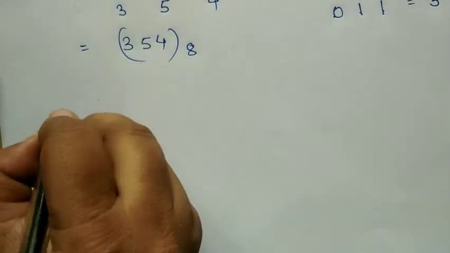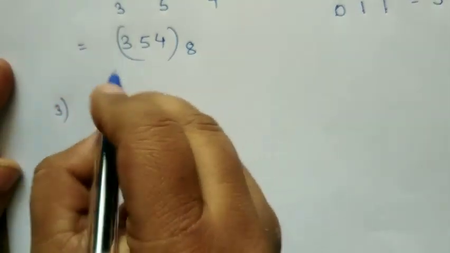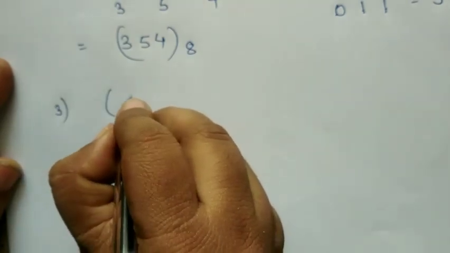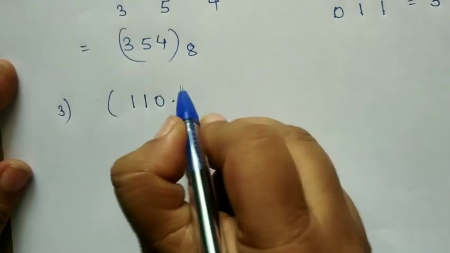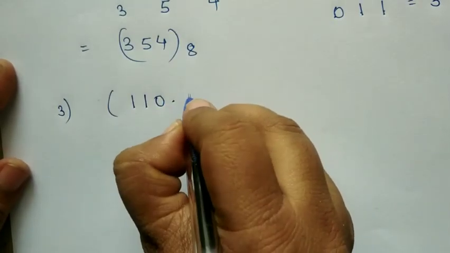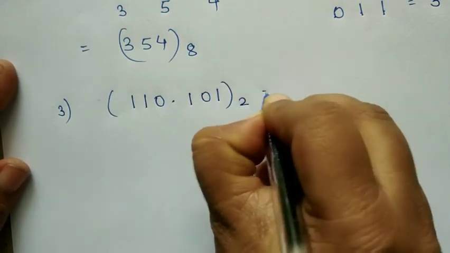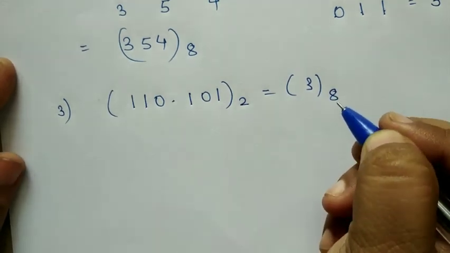Now this is the integer part. Now we'll consider a fractional number. Suppose I consider the number 110.101 to the base 2. We have to convert it to the equivalent octal number.